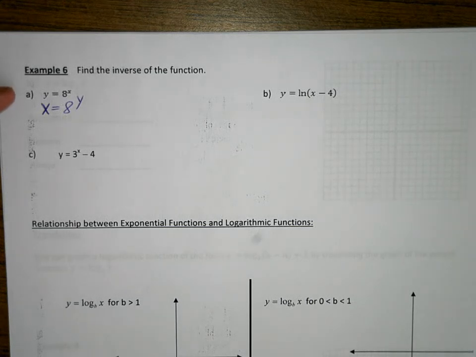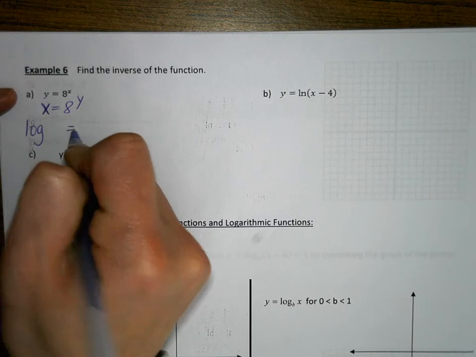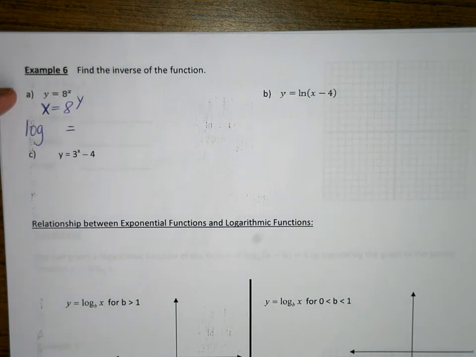Exponent. It is an exponential function, which means that its inverse has to be written as a log. Now, when you're finding a logarithm, you're finding an exponent. So when I switched my x and my y, what was my exponent?